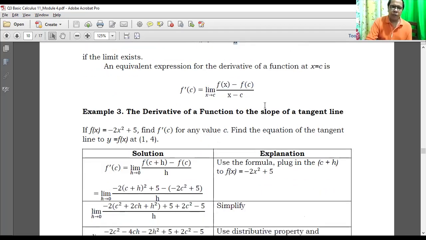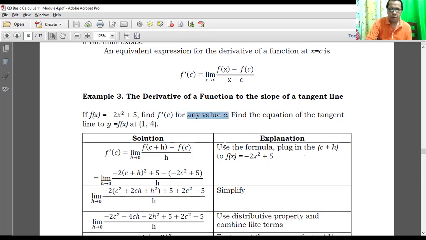Now, you can only use this one if the problem states that it is at an instant or instantaneous rate of change. For example, here, for any value of c, the derivative of the function is the slope of the tangent line.